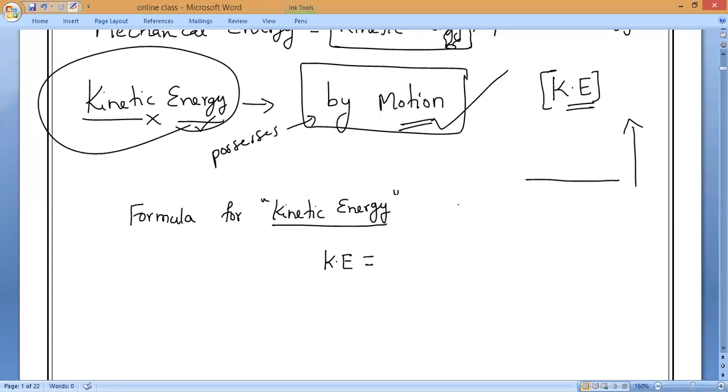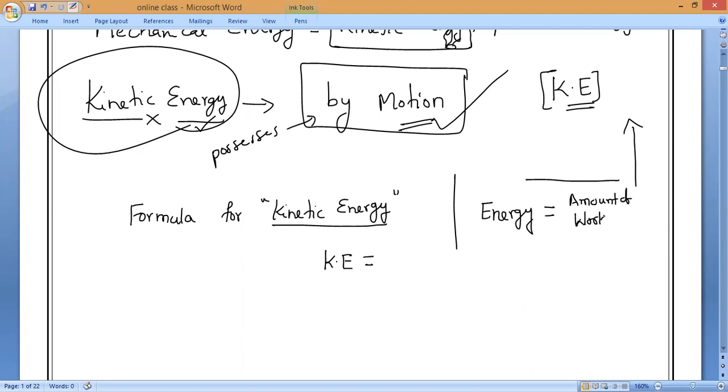First of all, what is the relationship between work done and energy? Energy possessed or released by the body is equal to the amount of work done.